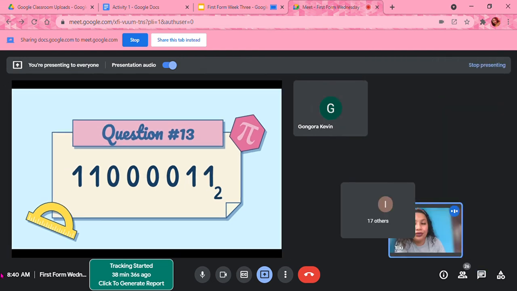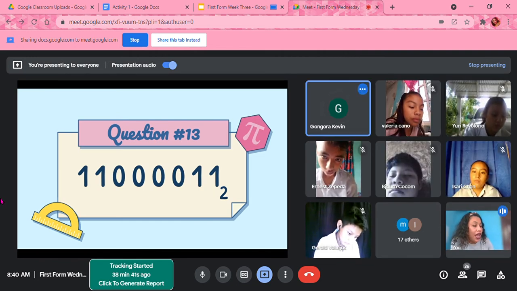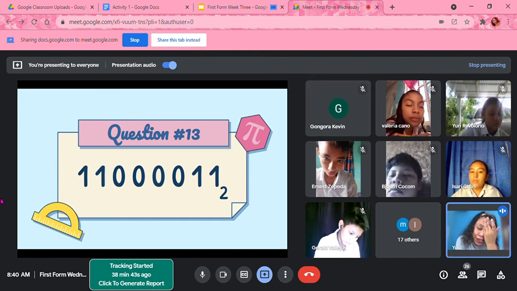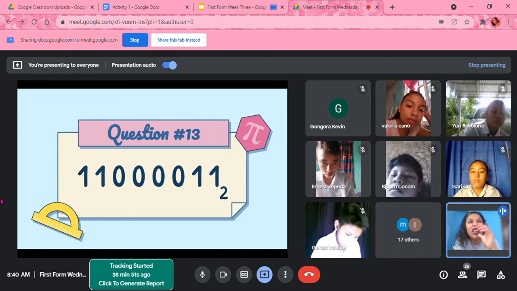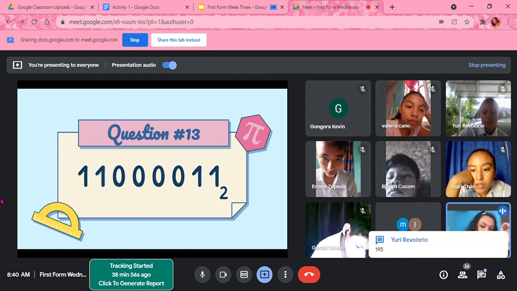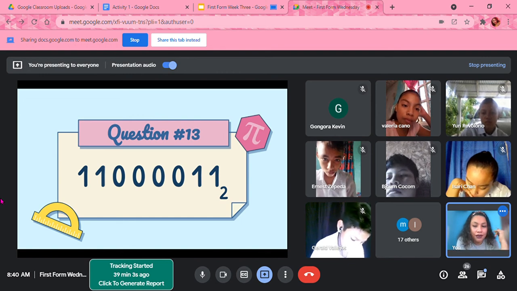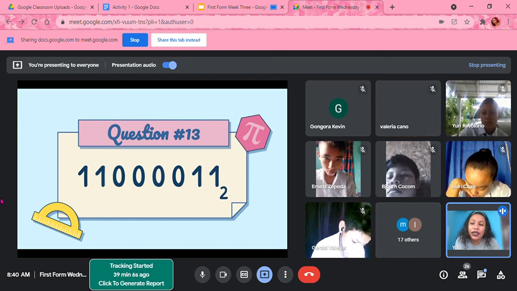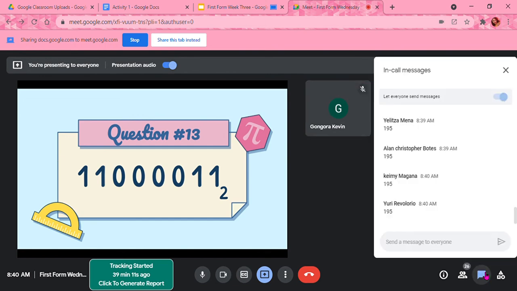You want to resubmit it? Yes, you can go ahead in Google Classroom. You can go back to the assignment, and there is an option that says you can take it back. You just click on that, and then you can remove whatever it is that you sent me, because I haven't checked it as yet. I was looking at some of them, but I haven't graded them, right? So if you want to fix anything or send it again, you can go ahead and do that. Okay, Miss, thanks.